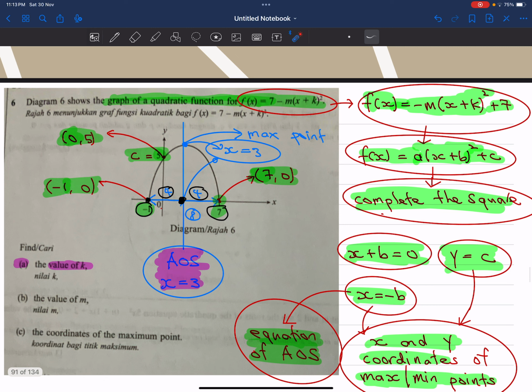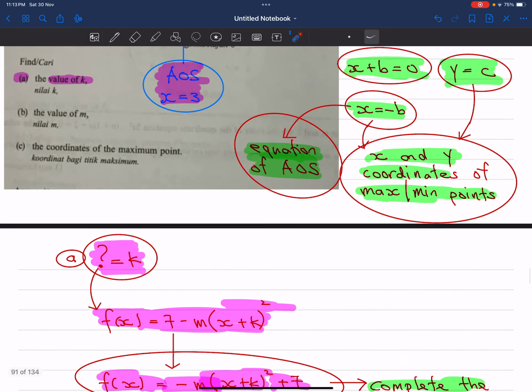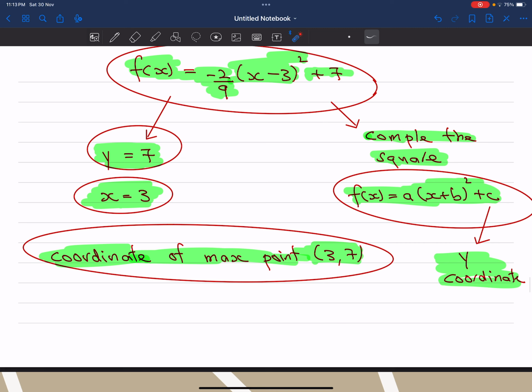And in that complete the square, the number outside the bracket is the y coordinate of the maximum or minimum point. And inside the brackets, make it 0, you get the x coordinate, which is also the equation of the axis of symmetry. So our final answer for C was the coordinates of the maximum point (3, 7).